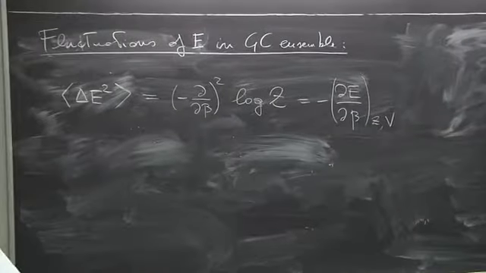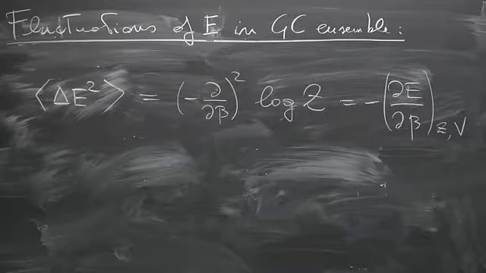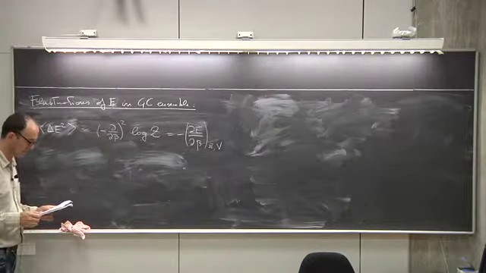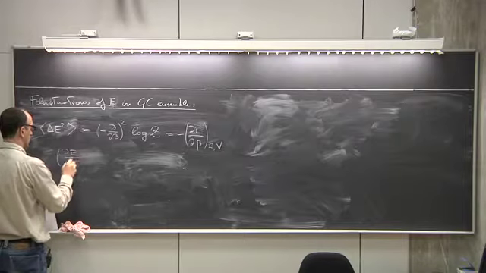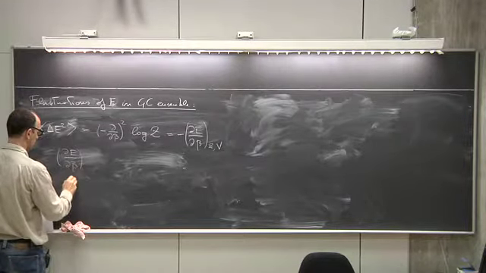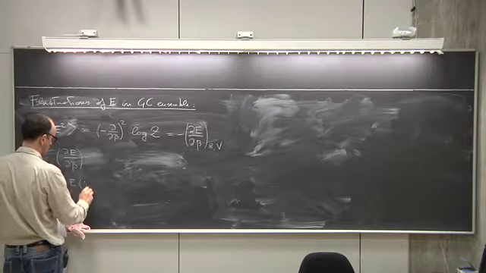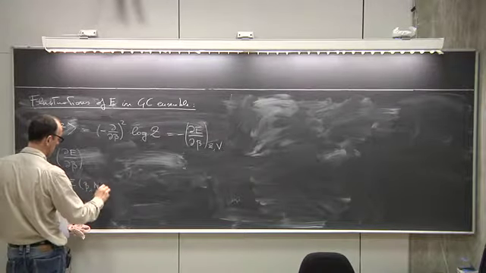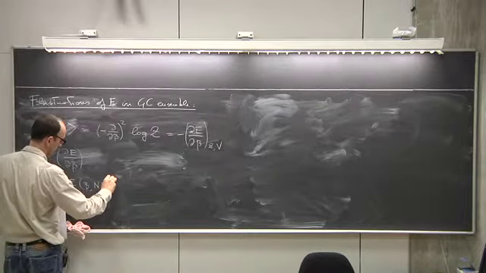Now, if we want to eliminate the fugacity from this formula, we can use the fact that you can think of the energy as a function of beta and the number of particles, where the number of particles is itself a function of beta, and z is fixed.